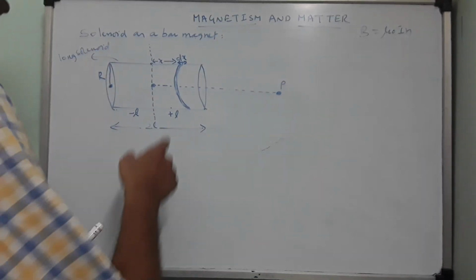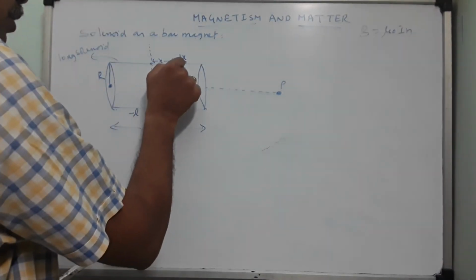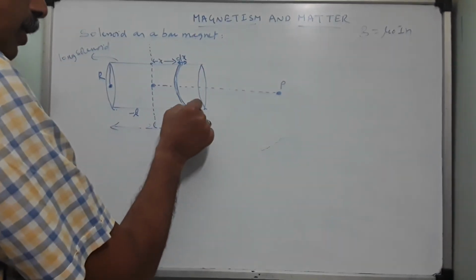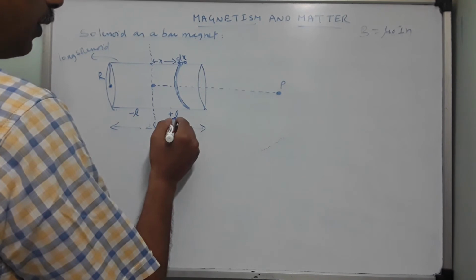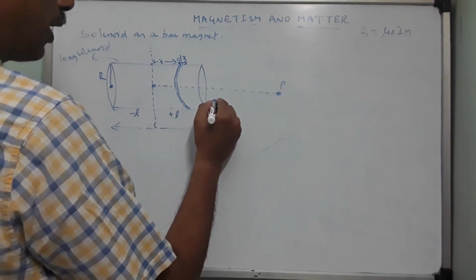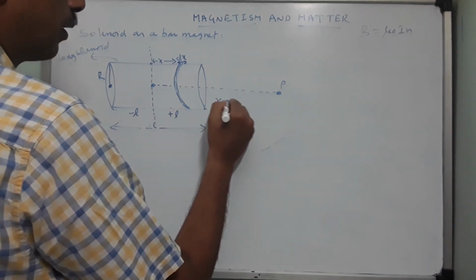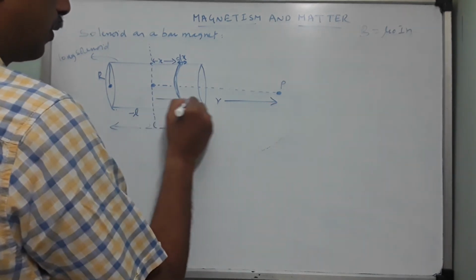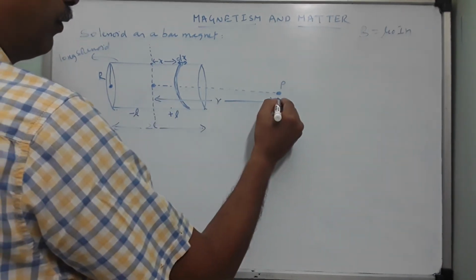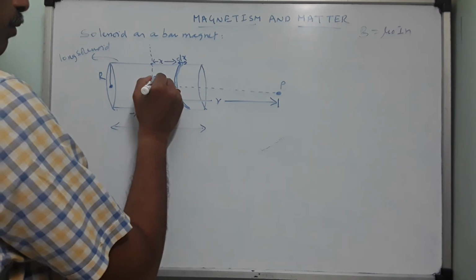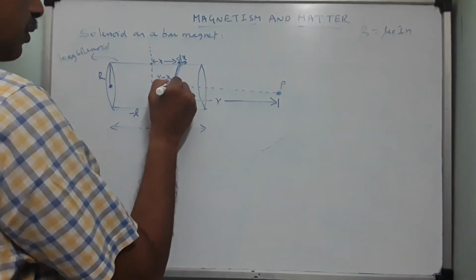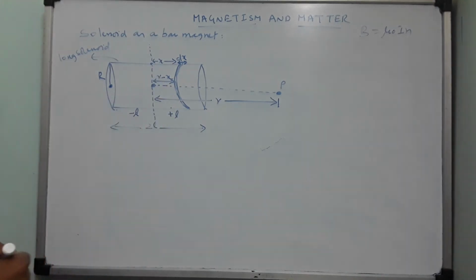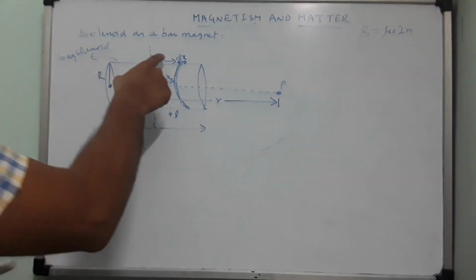I would like to first calculate the magnetic field due to this dx, and then I will integrate. So at point P, this distance I name as r. From here to here it will become r minus x, because this distance is x.